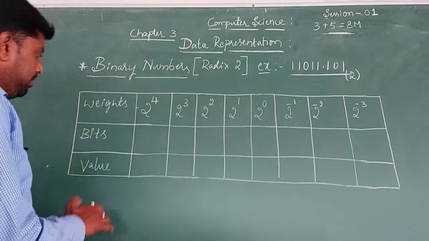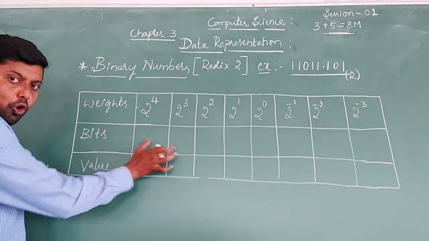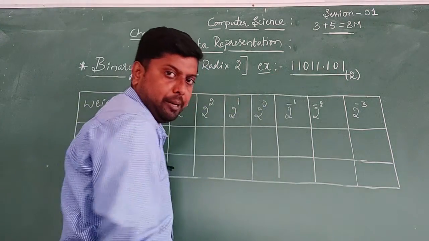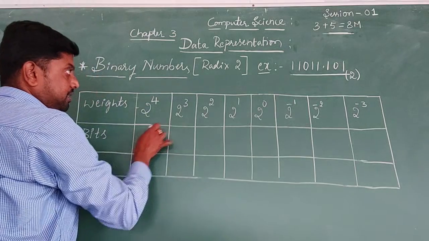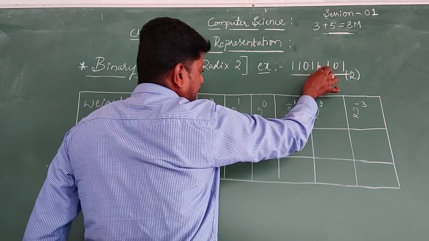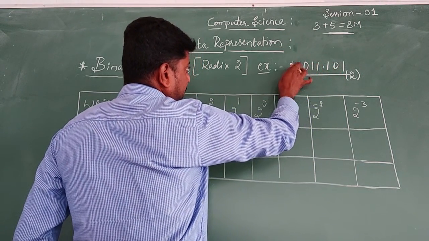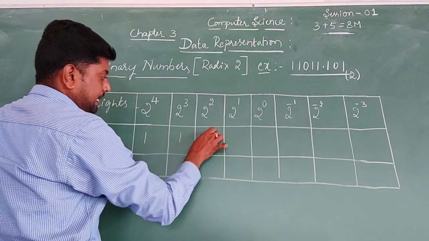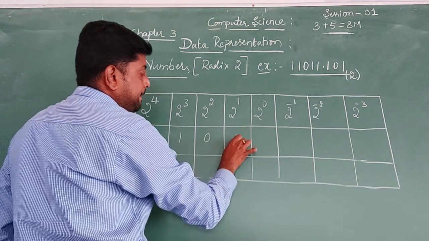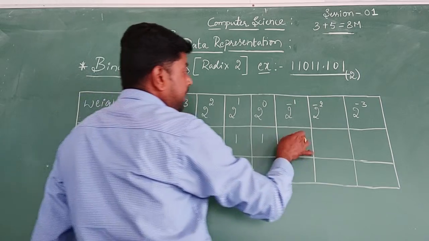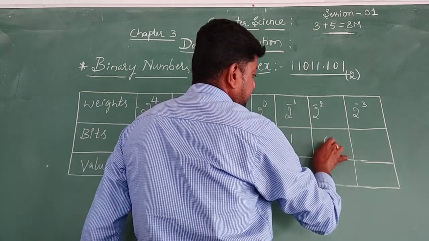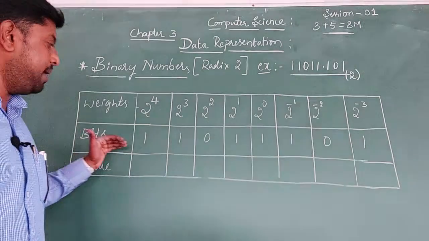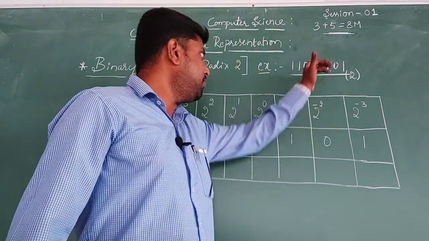Just fill in the second row, second column with the values given in the example: 1, 1, 0, 1, 1, and after the point 1, 0, 1.